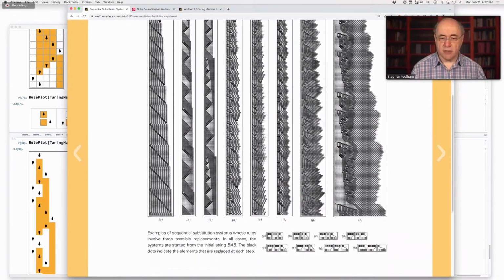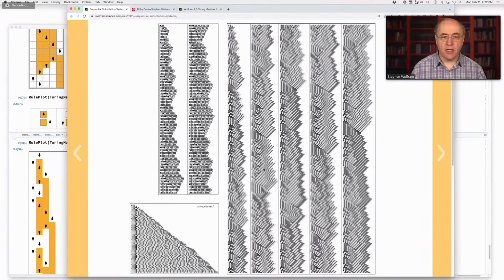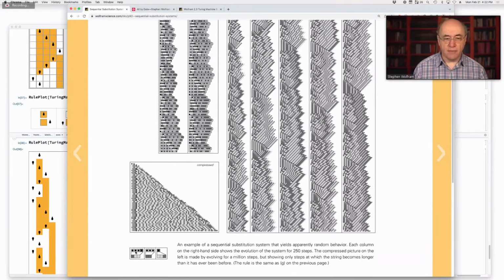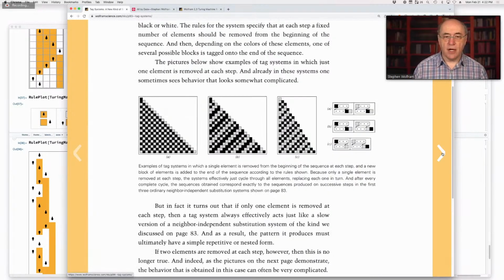Sequential substitution systems have this feature, just like all these other things we've talked about. There's a compressed sequential substitution system where we're only showing it when the size of the array got bigger than it ever had been before. That's the rule down there, and this is the behavior, very complicated behavior again.